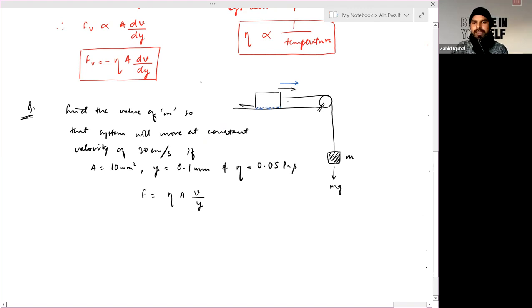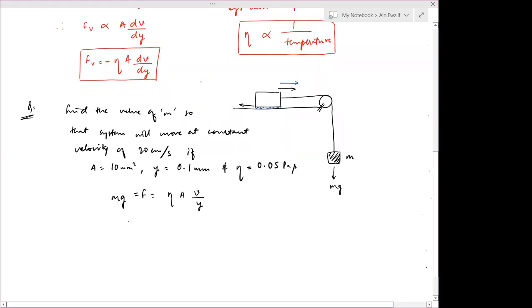So these two forces will cancel out each other so that this entire system will move at constant velocity. So replace this force by m times g. Okay, Ifra? Yes, sir. And then try to find the value of m.